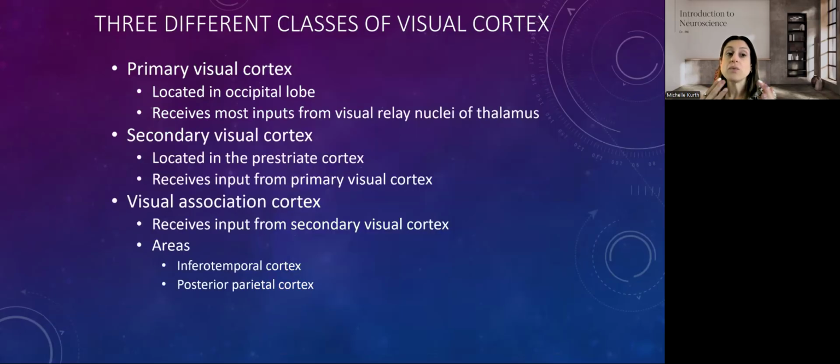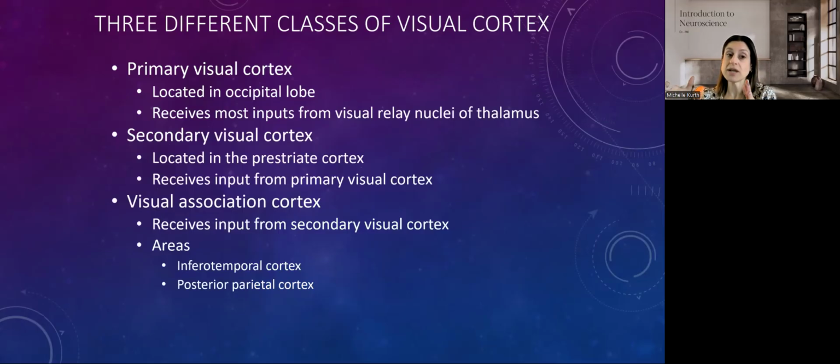And we can talk a little bit about this, but we have the primary visual cortex that I mentioned located in the occipital lobe, and that is receiving most inputs from the visual relay of that nuclei that I mentioned, the geniculate nuclei of the thalamus. Once it is receiving the inputs there, it comes up to another level called the secondary visual cortex, and that is located in the prestriate cortex, and it's receiving input from the primary.